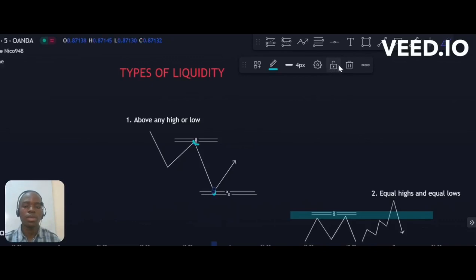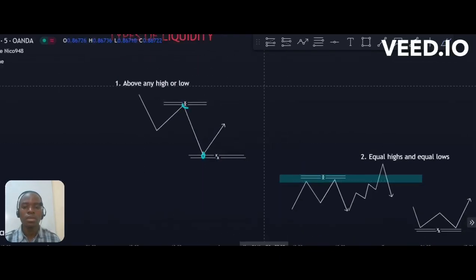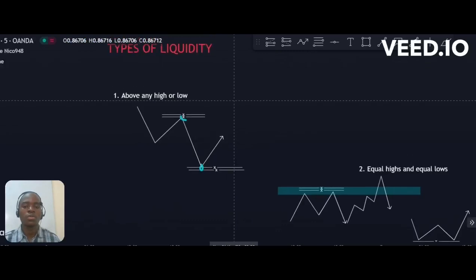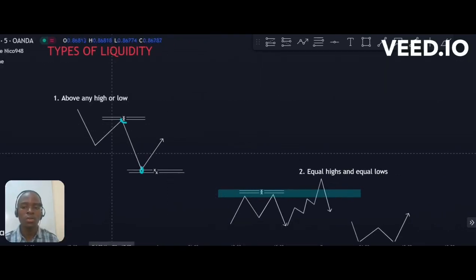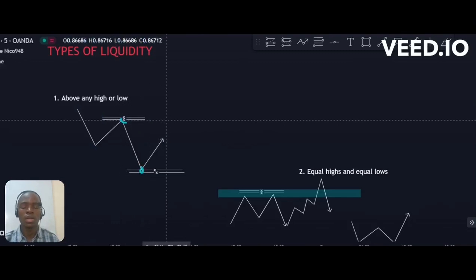Any area above any high is liquidity, and the area below any low is liquidity. We'll look at it on the live chart example. For now, just know that above any high or below any low is a liquidity area.